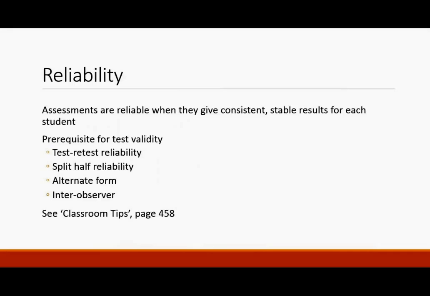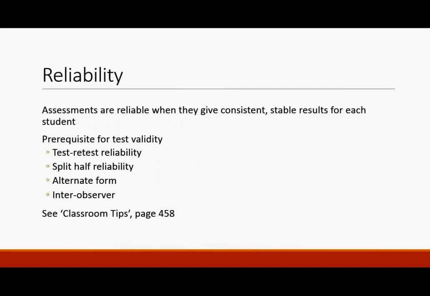Assessments are reliable when they give consistent, stable results for each student. It's a prerequisite for test validity. So we might have test-retest reliability, which is, you take the test once and you get a certain grade.